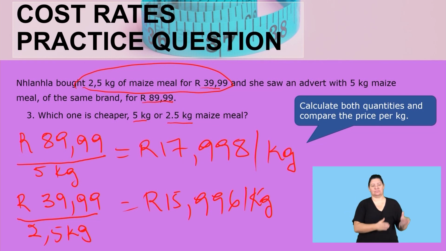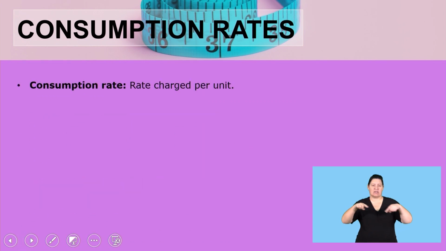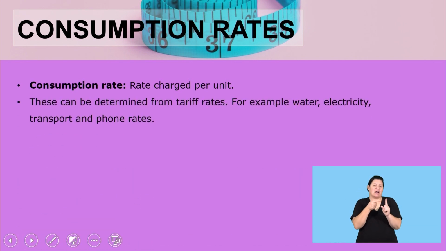Let us move to the next concept. The next concept is consumption rates. What are consumption rates? When we talk about the consumption rate, we talk about the rate charged per unit. So this can be determined from the tariffs. Remember, we have different tariffs. It can be water, electricity, transport, and phone tariffs.